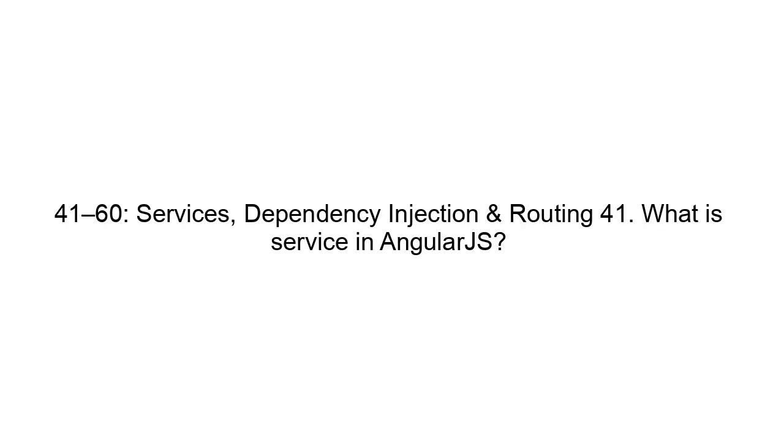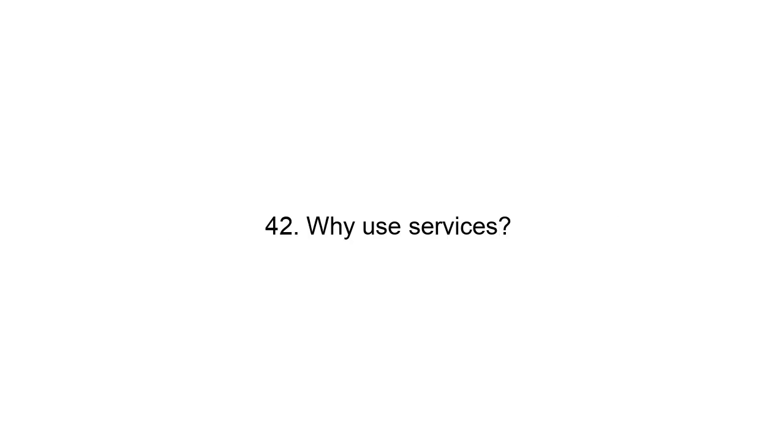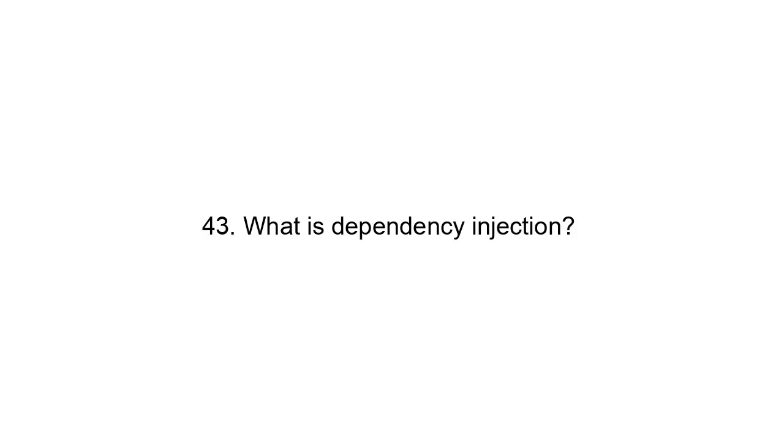41 to 60. Services, dependency injection, and routing. 41. What is service in AngularJS? Reusable, singleton, business logic object. 42. Why use services? Reusable code, centralized logic, shared data. 43. What is dependency injection?